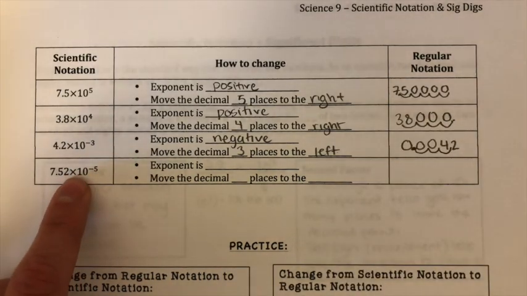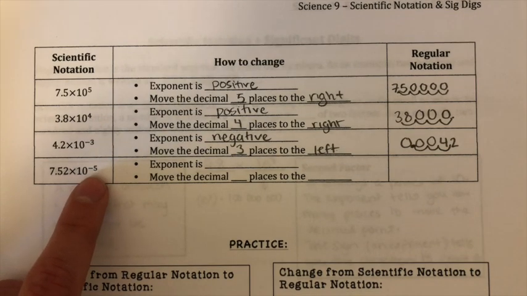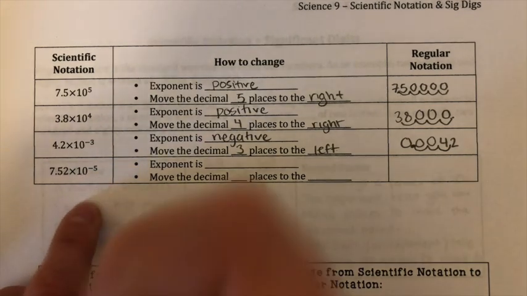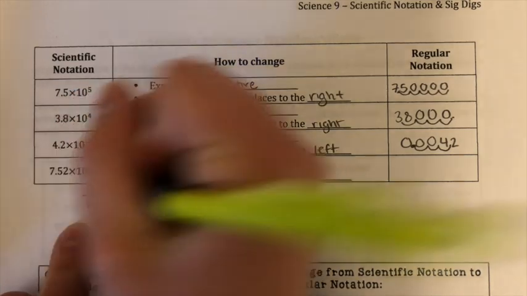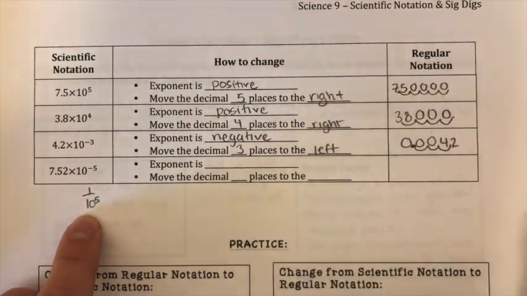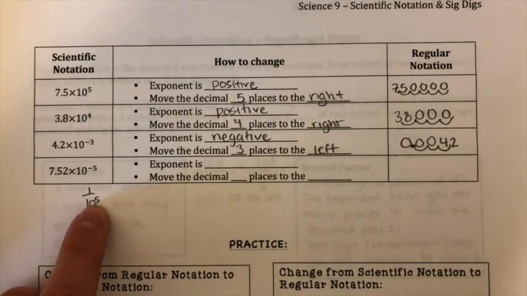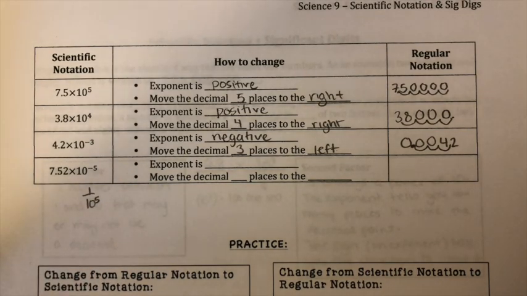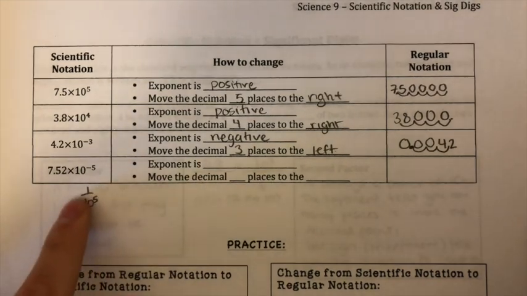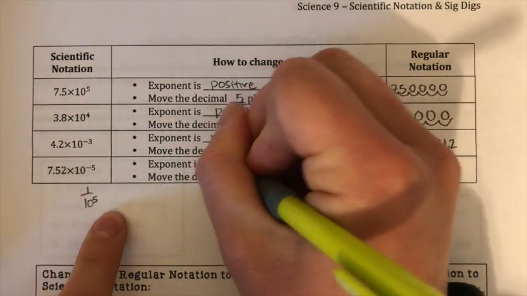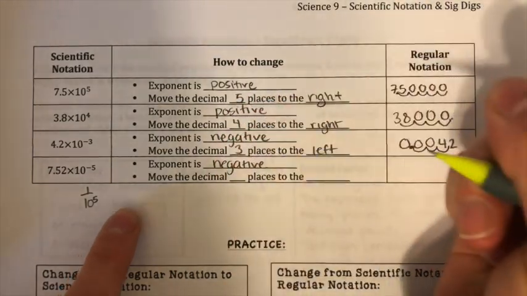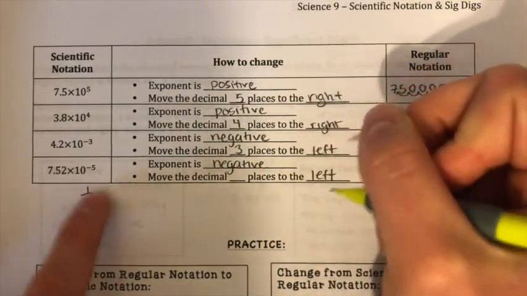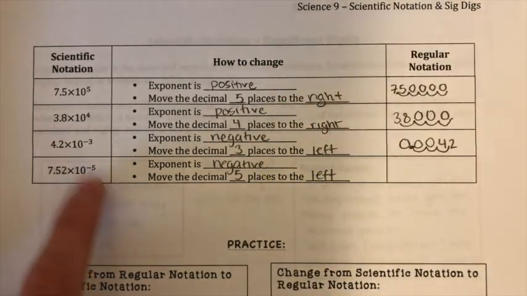This number is going to be even smaller because my exponent, 10 to the negative 5, is 1 over 10 to the 5, right? So this is dividing by 10 5 times. So this is 1/100,000th of a thing. My exponent again is negative, so I'm going to move it to the left, and it's 5 places because I've got a 5.